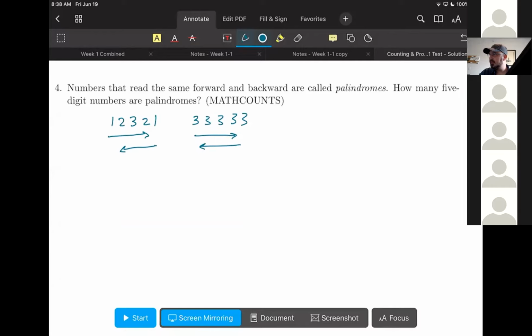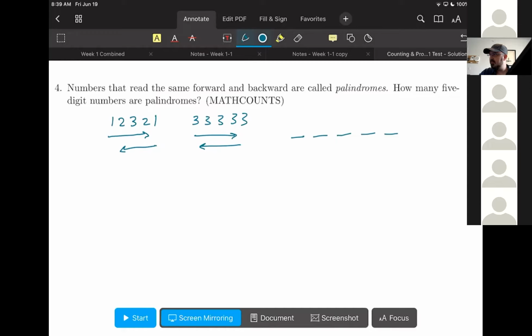So here we want to count how many different palindromes there are that have 5 digits, and we want to do this without having to list all of them out. So let's think about if there are any restrictions. We have 5 digits. What are the possibilities for the first digit? 1 to 9.